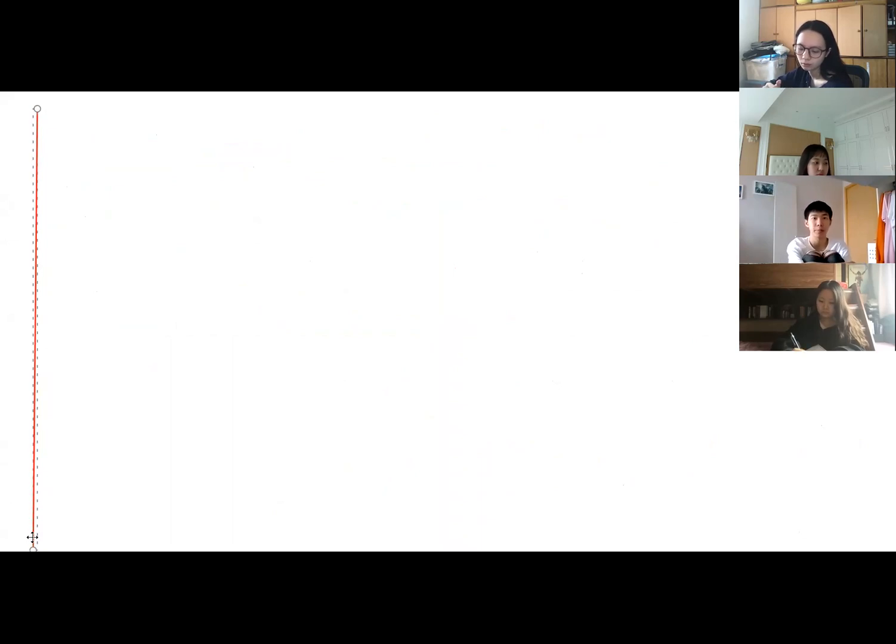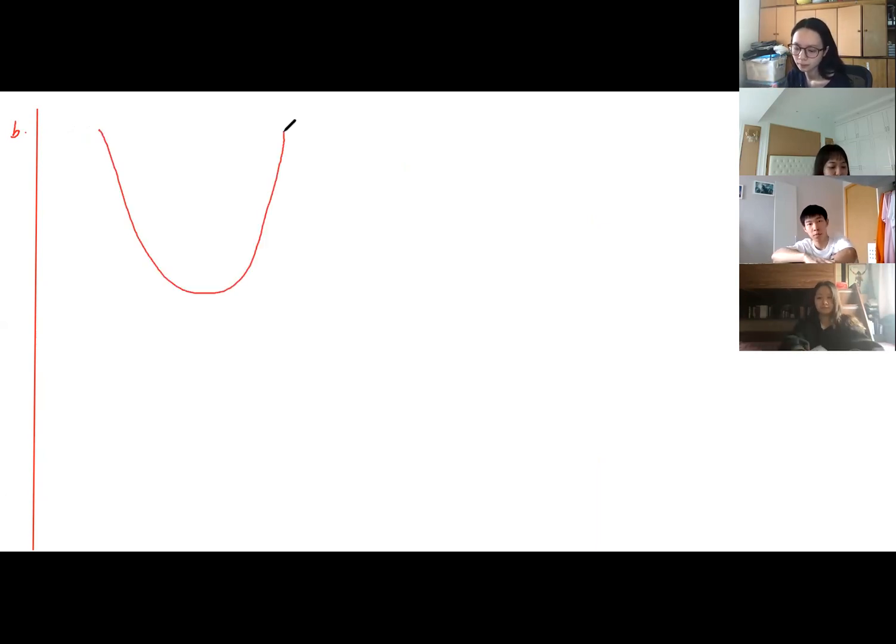First of all, let's have a sketch like we have it on the Desmos app. So for part B of the question, we have this, and there is a straight line.